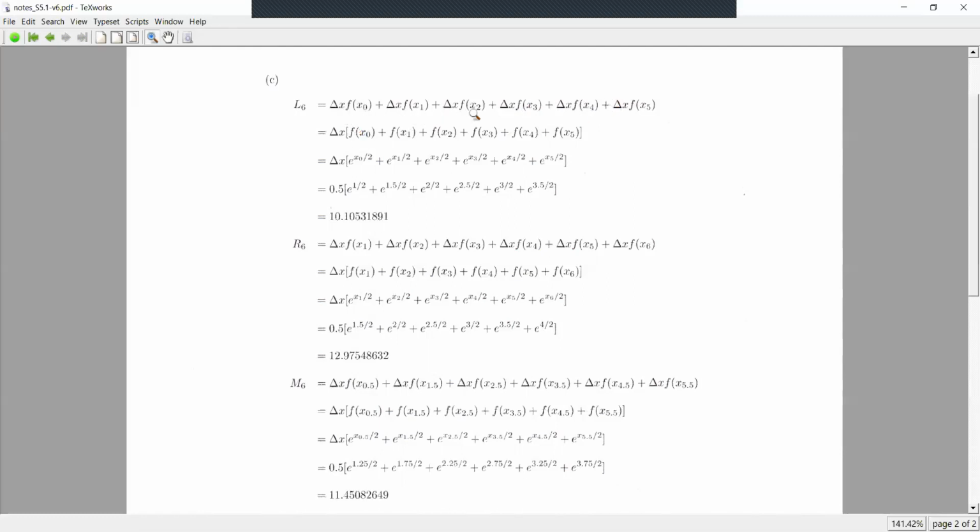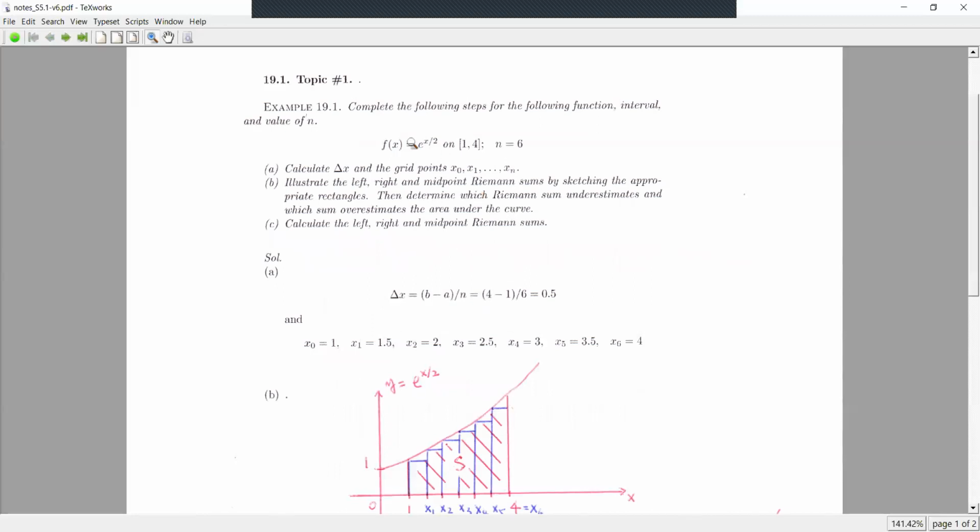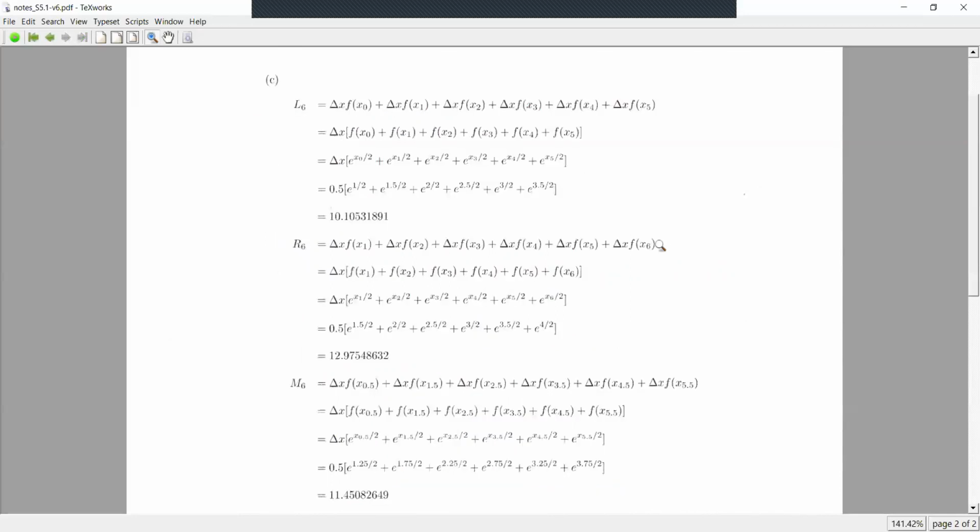Delta x is common to all the terms, so I factor delta x out to get this equation. Now plug in the function f. What is the function f? Function f is e to the x over 2. So the function value at x0 is e to the x0 over 2, the function value at x1 is e to the x1 over 2, and so on.